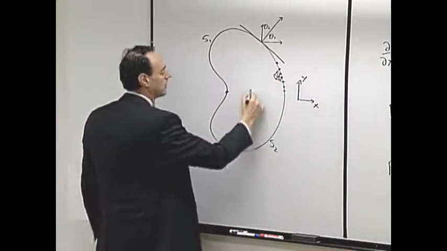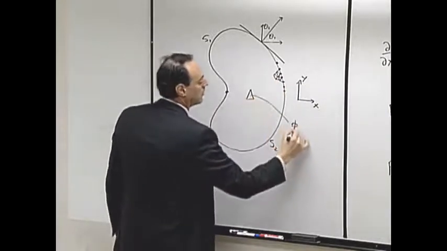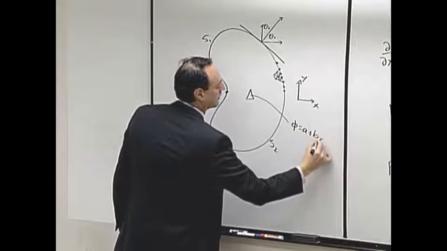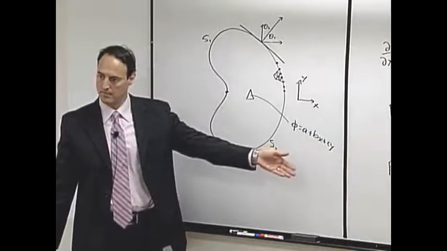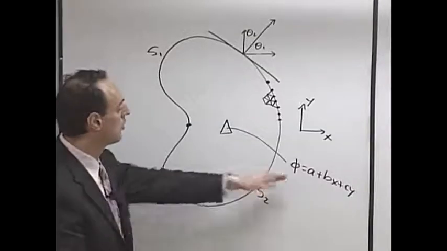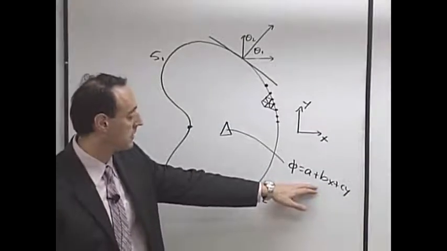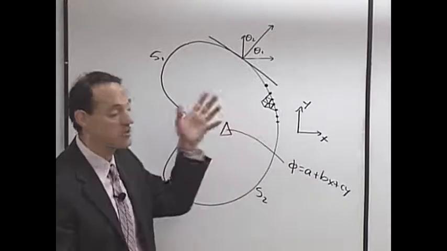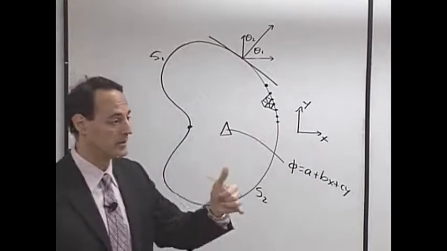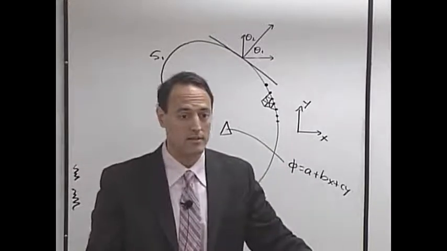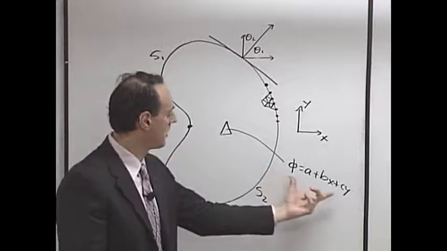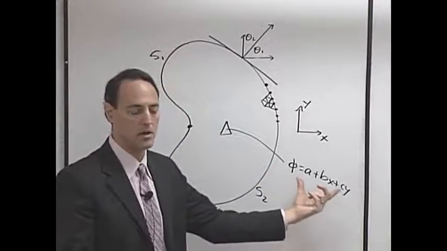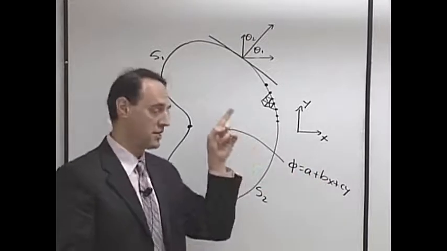Now, for every triangle in here, let me draw a big one. We want to approximate the solution as simply as possible, which is just using a simplex element. But when we start approximating with something like this, notice that this governing equation has two derivatives in x, two derivatives in y. So I'm going to construct A, B, and C based upon meeting my neighbors and also satisfying that PDE.